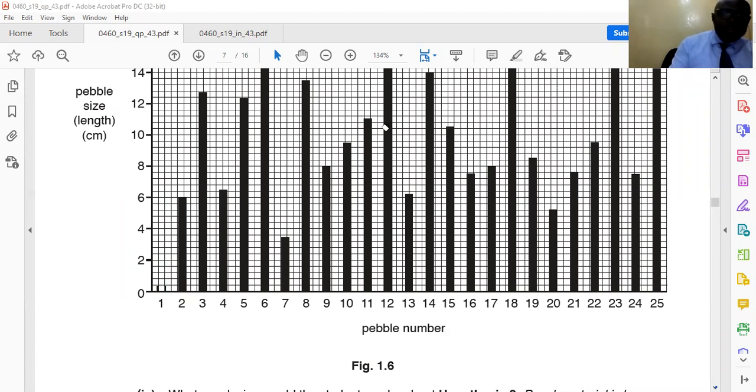Let me use this line. This line is better. 8.5 is, let me see, this is 8, and 8.4, 8.8, 9.2, 9.6, 10. So 8.4, so this middle line.